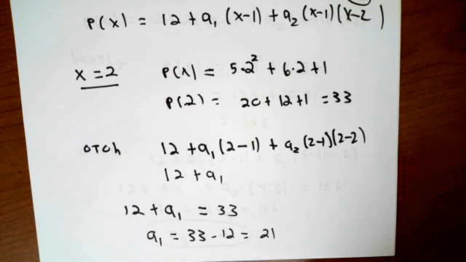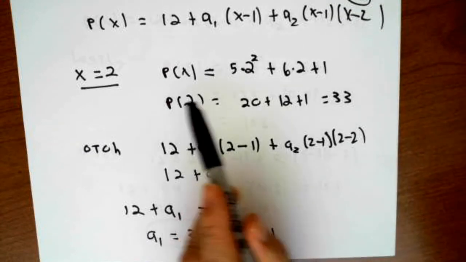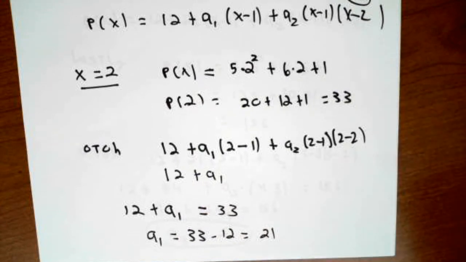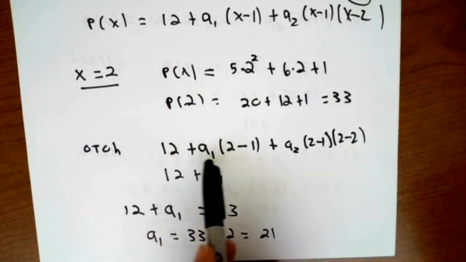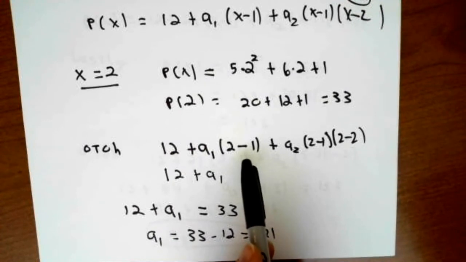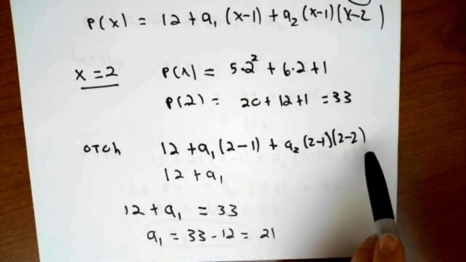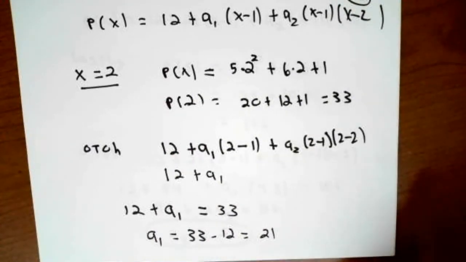Look at my next x value, x equals 2. In the original form for the polynomial, if you plug 2 in for the x, you get 33. On the other hand, if you plug 2 into this other form, we already figured out the 12, a1 times 2 minus 1, a2 times 2 minus 1 times 2 minus 2, this is 0.